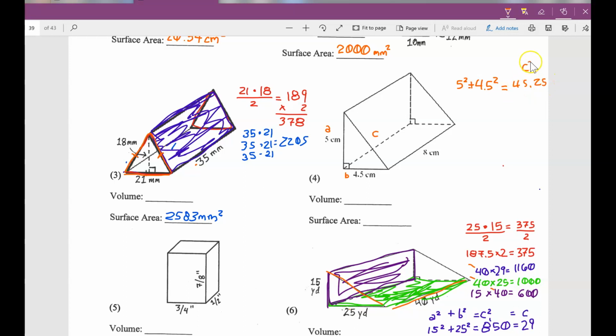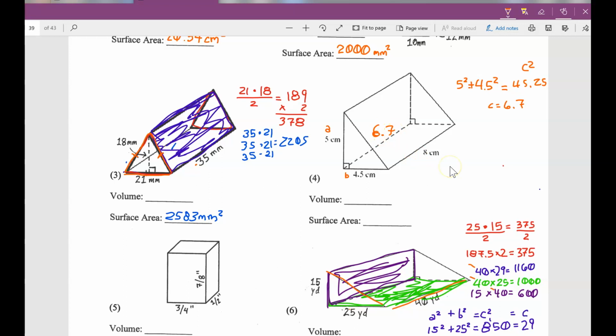So that's our C squared. To find C, we find the square root of 45.25, and we get C equals 6.7.